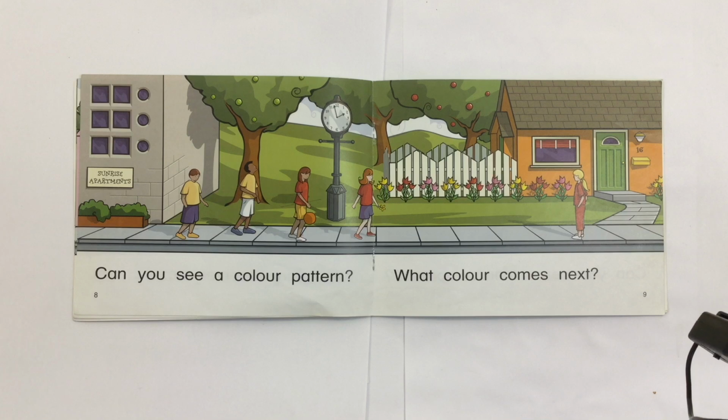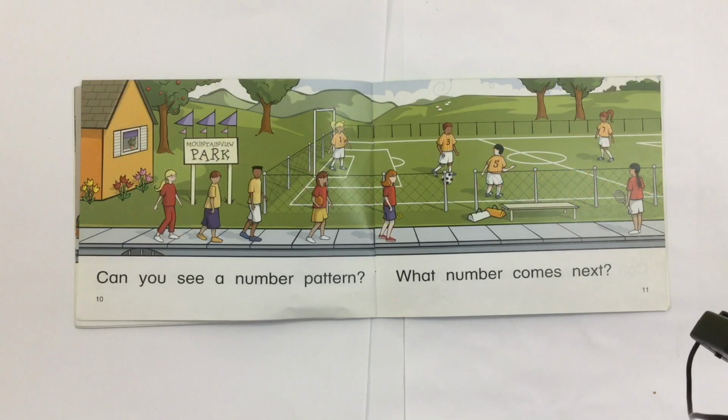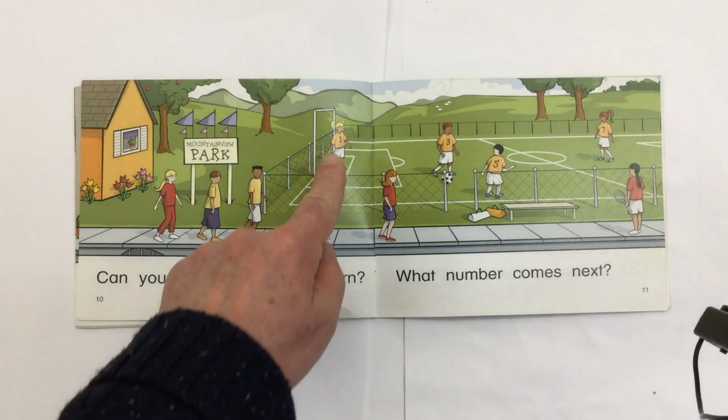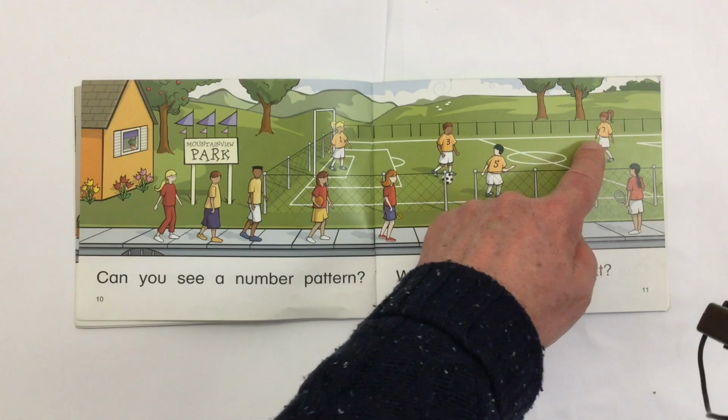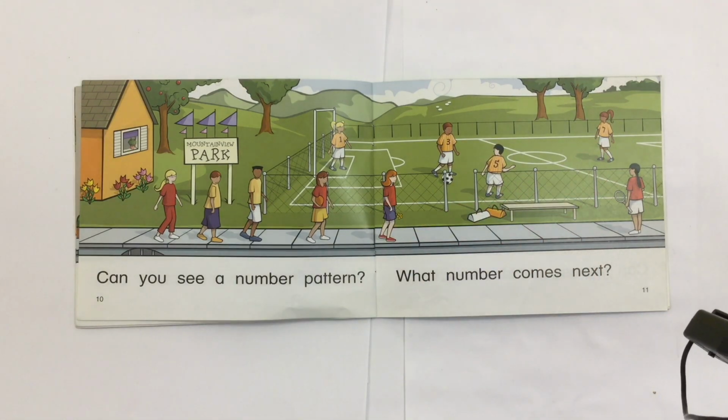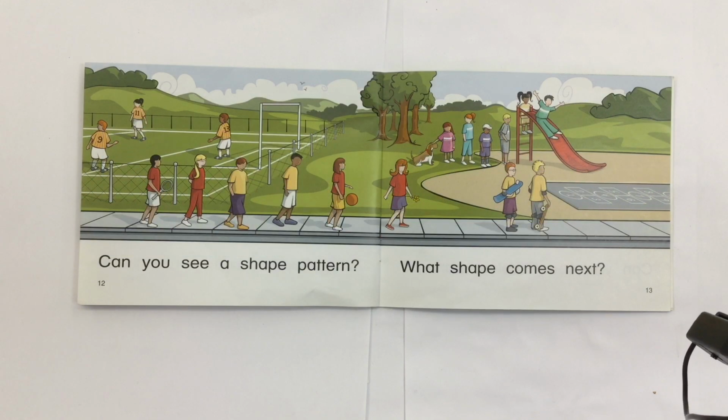What color comes next? Can you see a number pattern? What number comes next? Can you see a shape pattern?